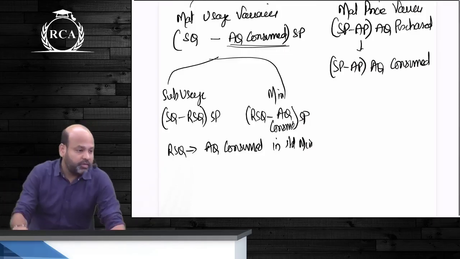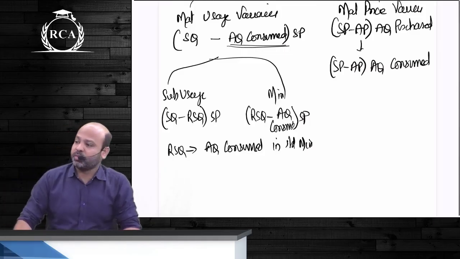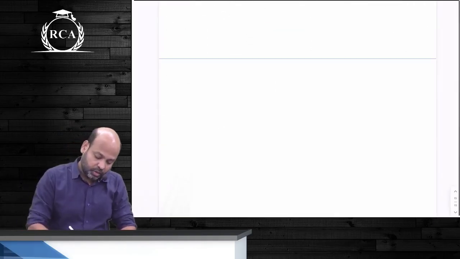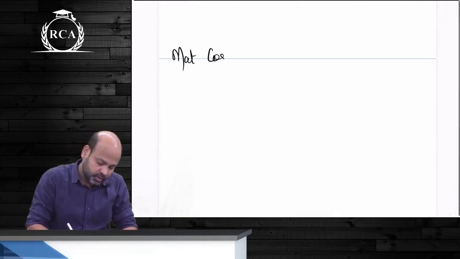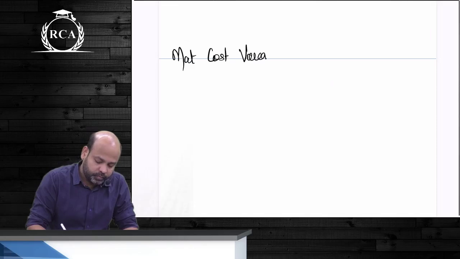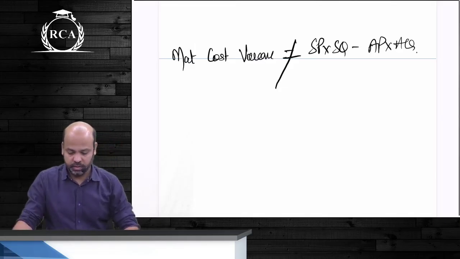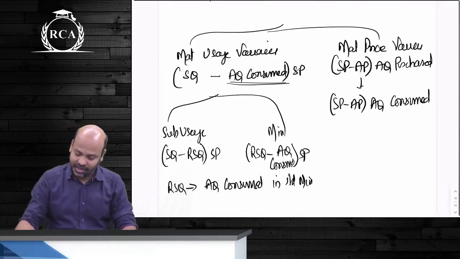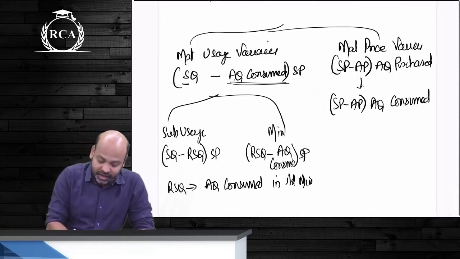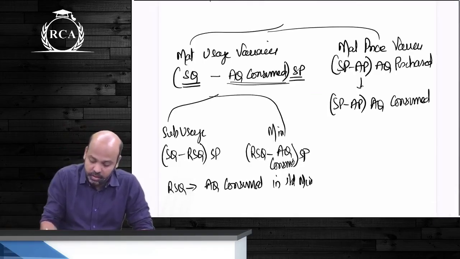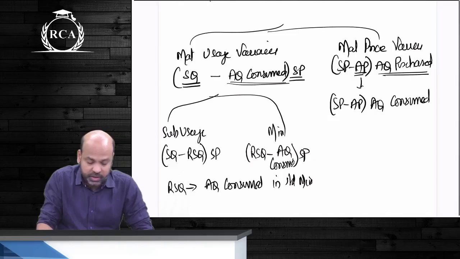Now, if material price variance is based on purchases, material cost variance is not equal to SPSQ minus APAQ. Common sense. Look at this, guys: SQ, SP, AP, AQ purchased.